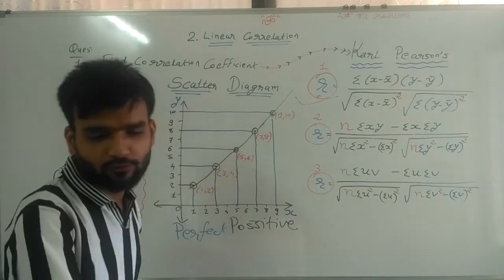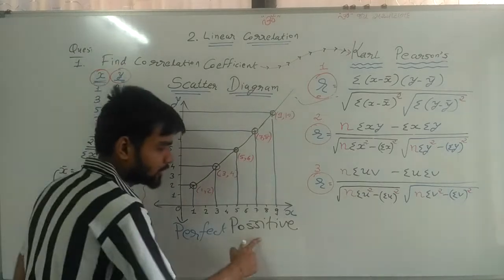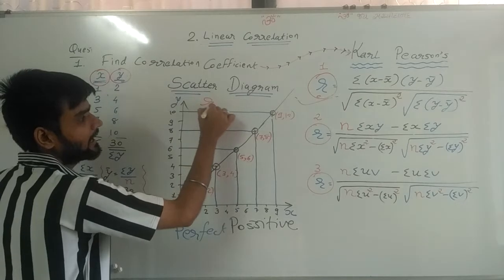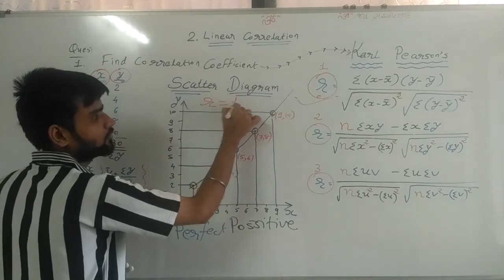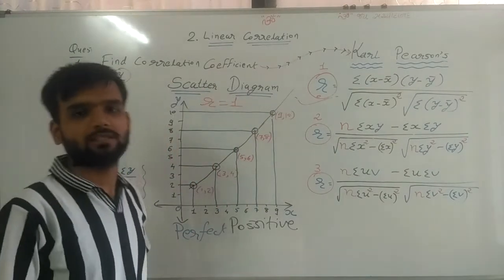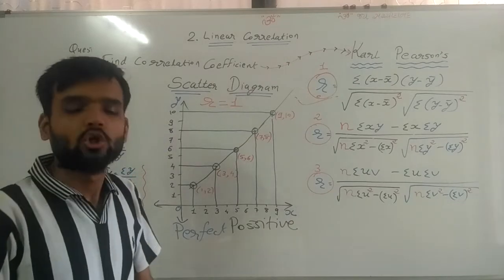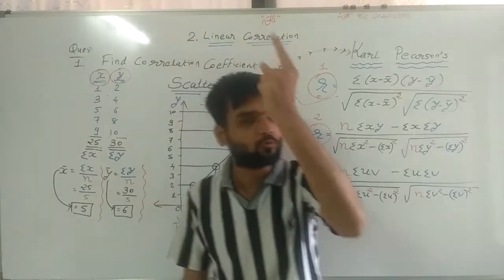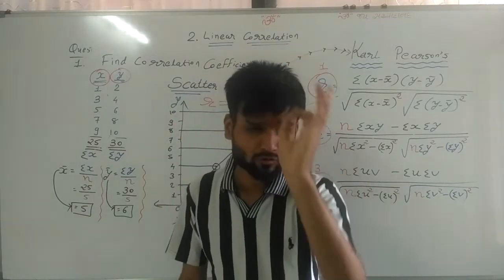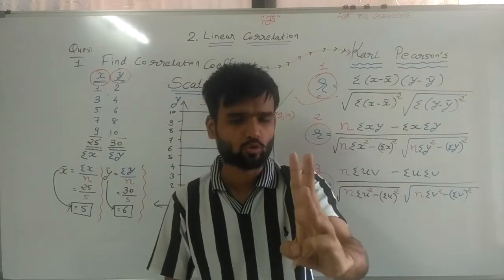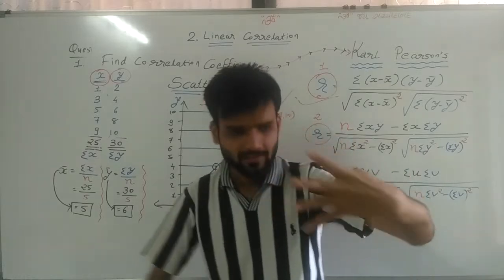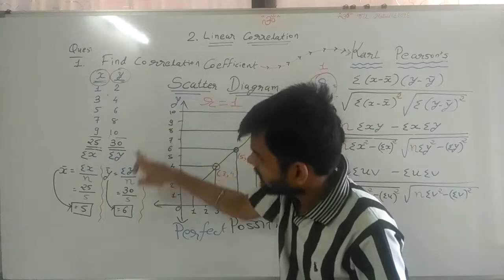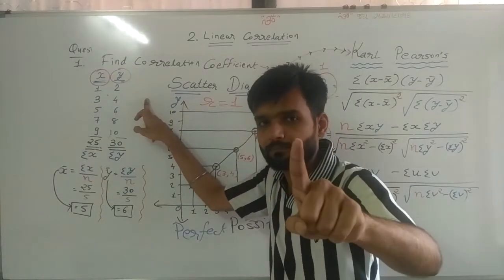And all of you know, if perfect positive correlation is there, it means r is equal to plus 1. So today I have proved one thing. And if you have seen my 3 lectures also, then in these last 4 lectures in total, we can say that the same.